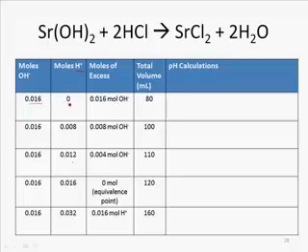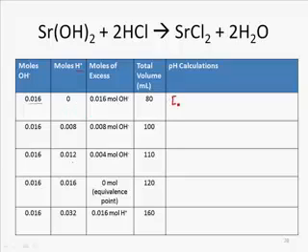All right, so all we need to do here is look at which one's limiting. They're going to react 1-to-1, and then my initial minus the amount that's used is going to give me my excess. All right, so if I have no H+ added from the hydrochloric acid is the initial one.